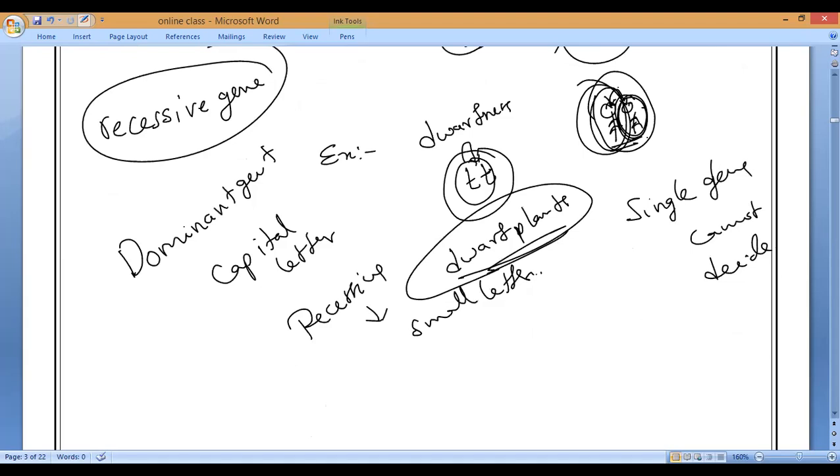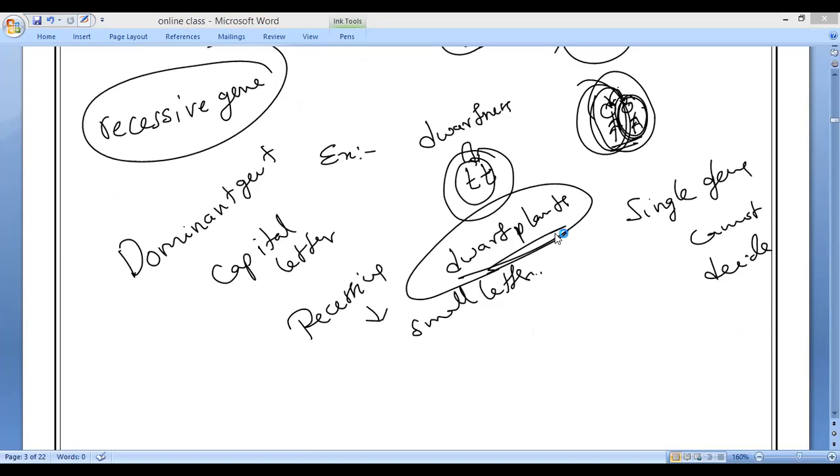So now I am saying two statements. Remember, in any organism, whatever characteristic is appearing in the body, if it is a dominant gene, then one capital letter gene is sufficient, or if both capital letters are present, it will also appear as the same characteristic. It will never depend on the second gene of the pair.